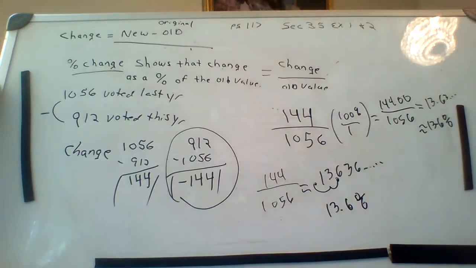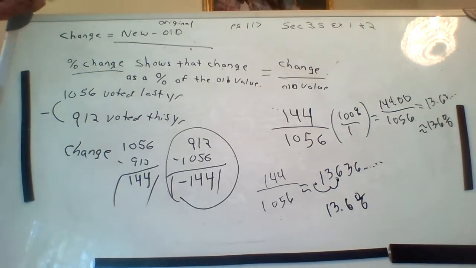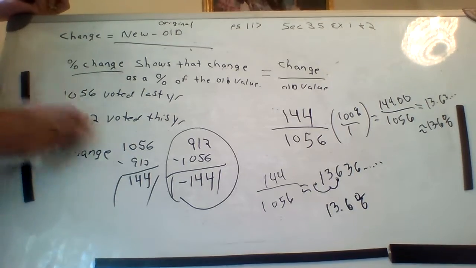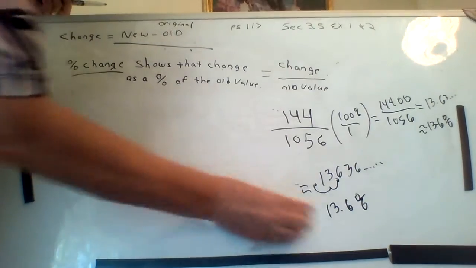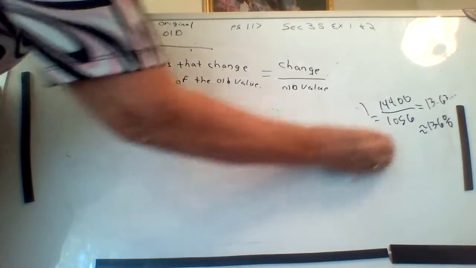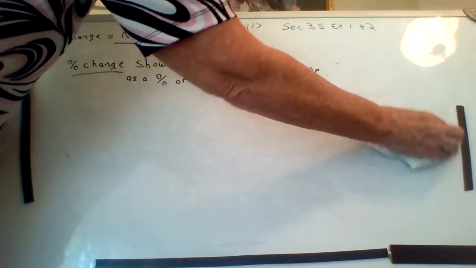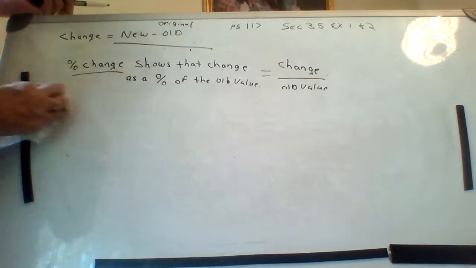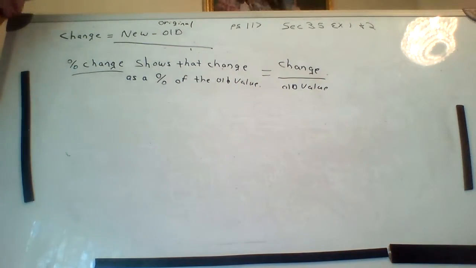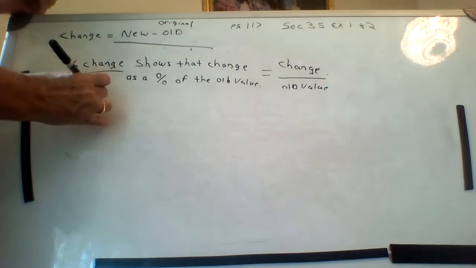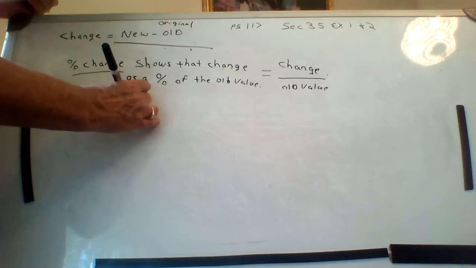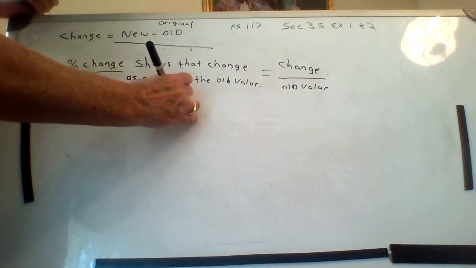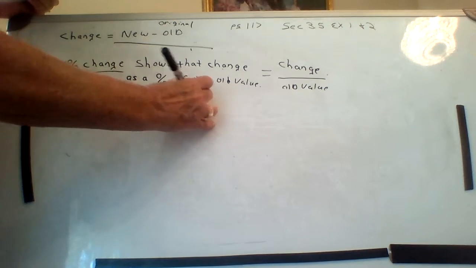That's example 2. Now I want to give you a practice problem. So here's our practice problem. And once I give it to you, remember, turn the video off. Just stop it and pause it. And come back, check your answer, and we'll work it together. I'm going to give you 2. The first problem, I want you to find the percent change from 40 to 50.